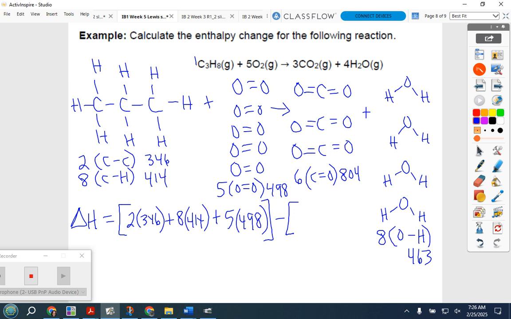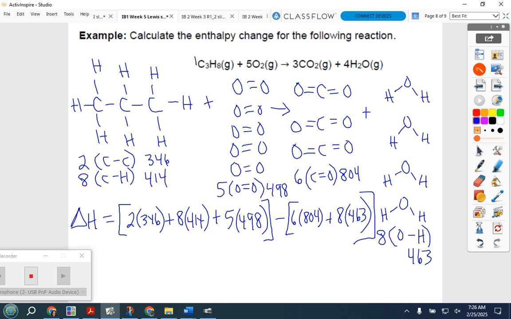So here we're going to have 6 times 804 plus 8 times 463. Okay. So you can do this calculation however you want. If you want to break it down into pieces, that's fine. If you want to use parentheses in your calculator to try to do it all at once, that's fine. Whatever works for you.